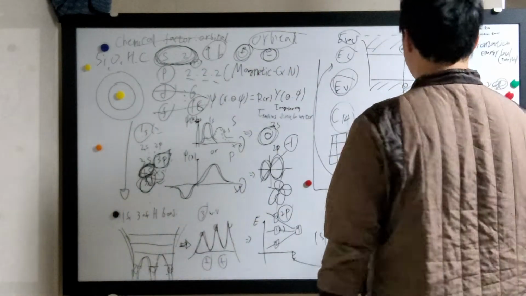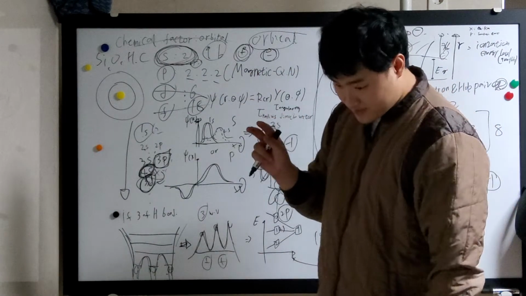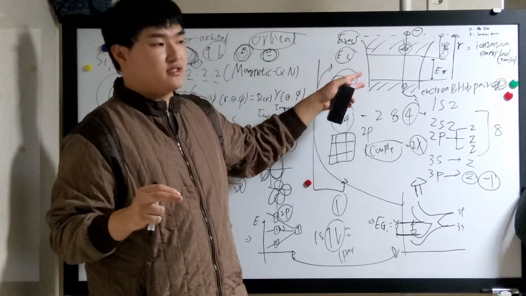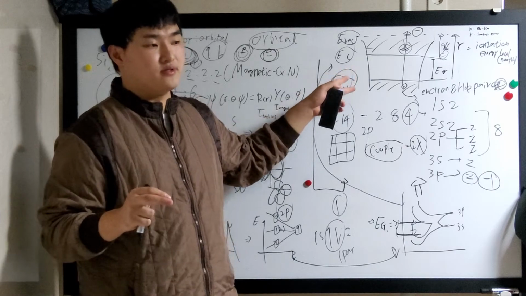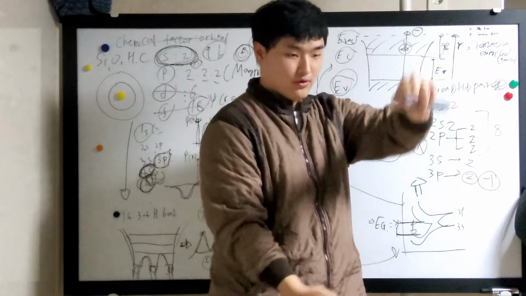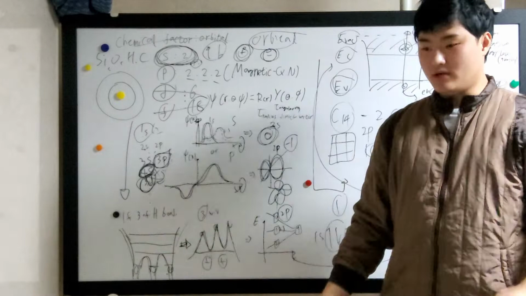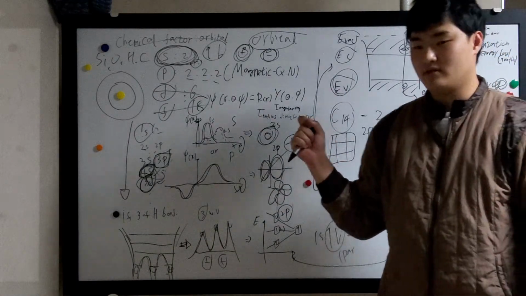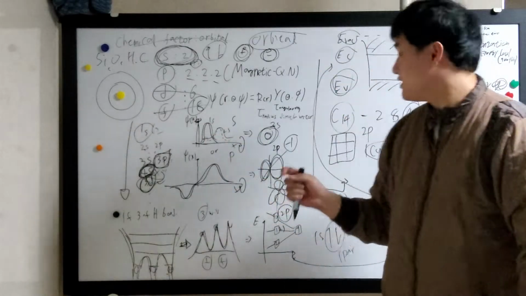So simply think, for the insulator, the gap between the conduction band and valence band is quite large, so it will require a very high energy level.